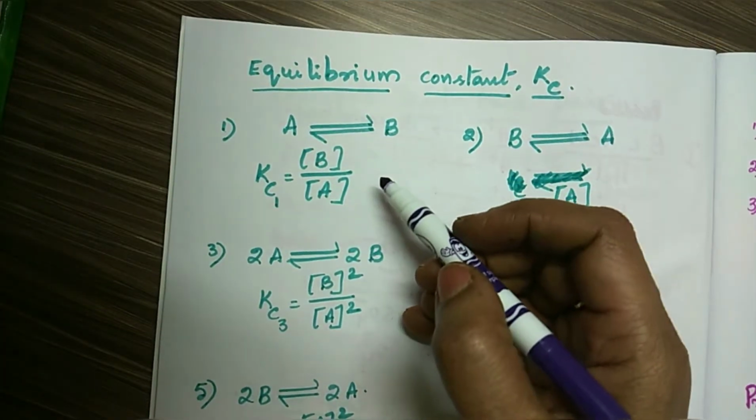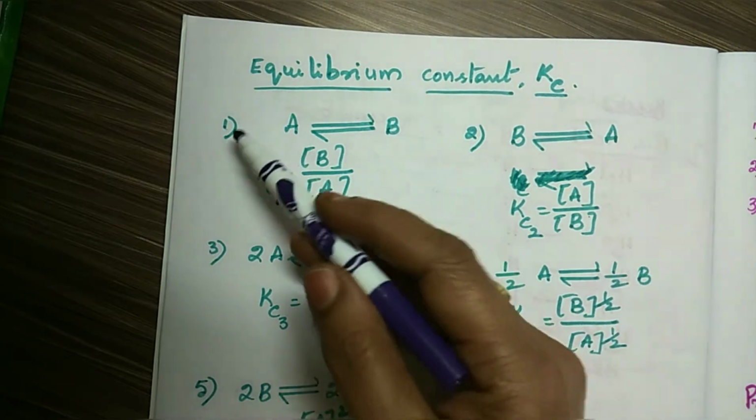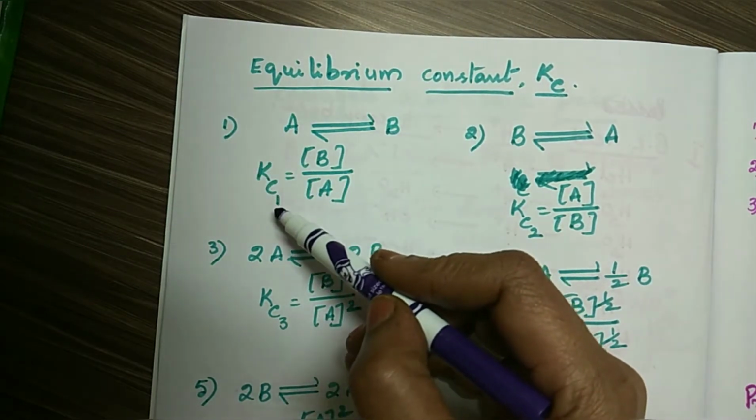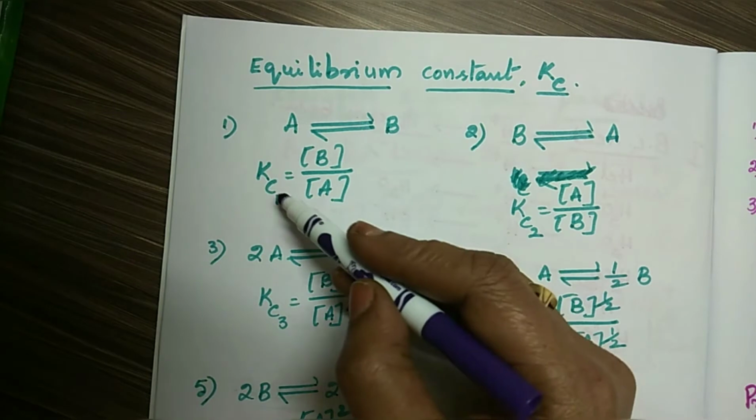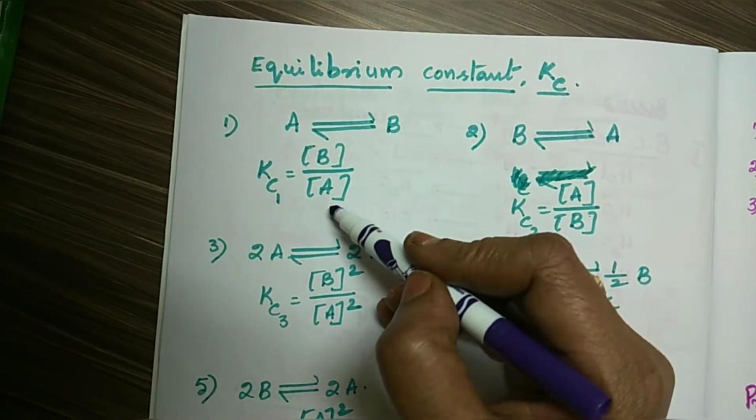This is the first equation, A giving B. For this, I have denoted Kc as Kc1. For the first reaction, Kc is equal to the molar concentrations of product by reactant.